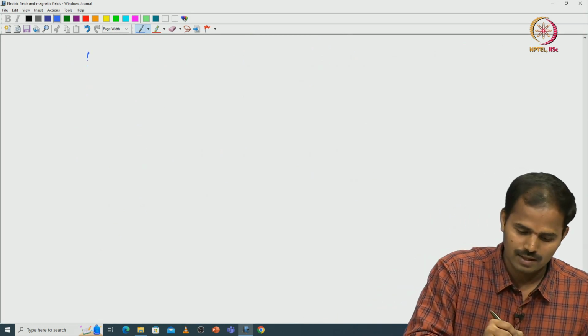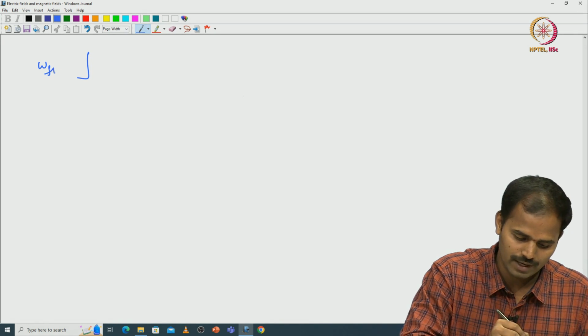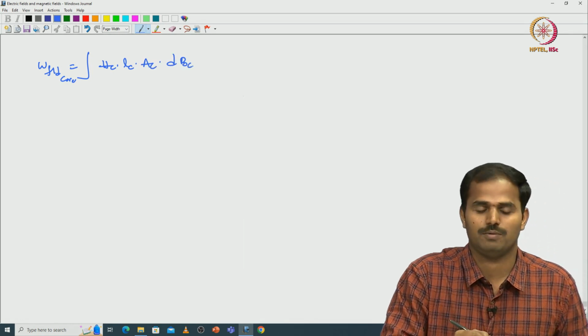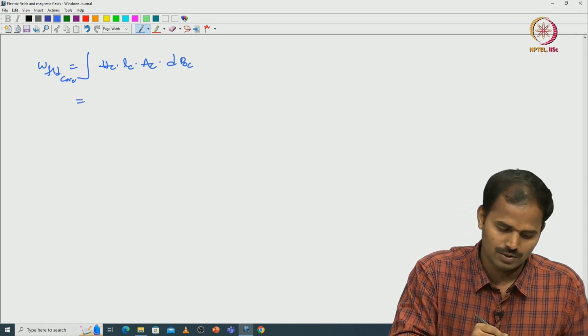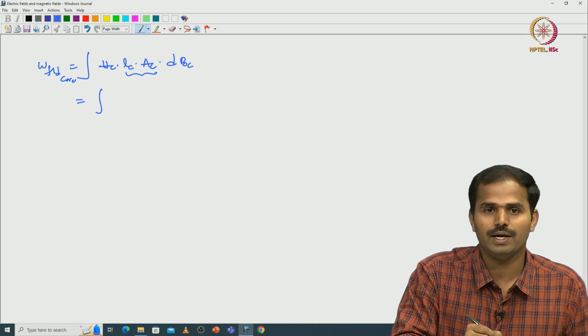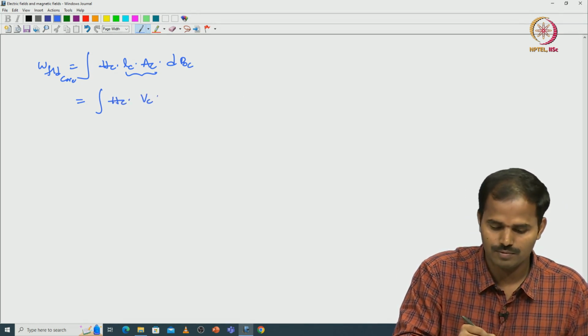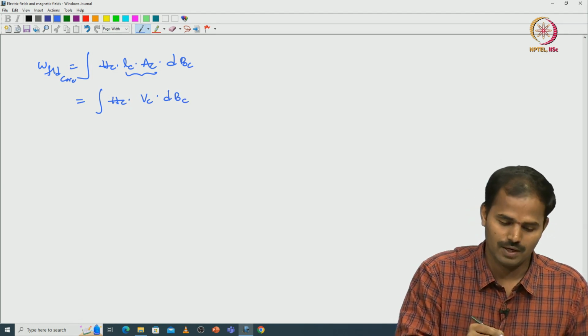If I consider the first term, I am neglecting it. But if I consider the field energy with respect to the core, it is equal to Hc Lc Ac into the derivative of the magnetic field. Here Lc and Ac I can replace with volume, so Hc into volume into the magnetic field derivative.